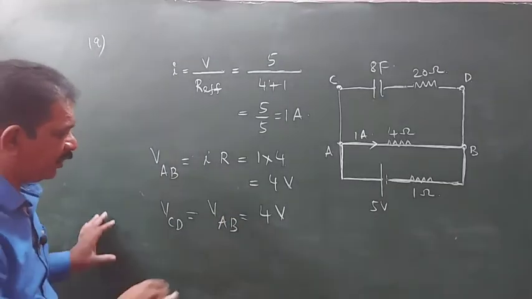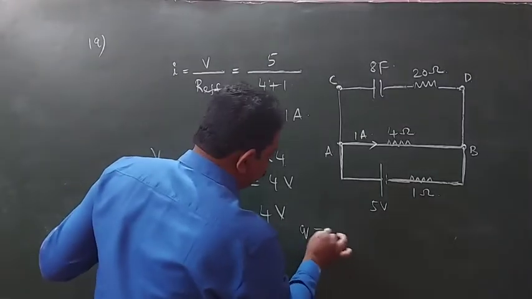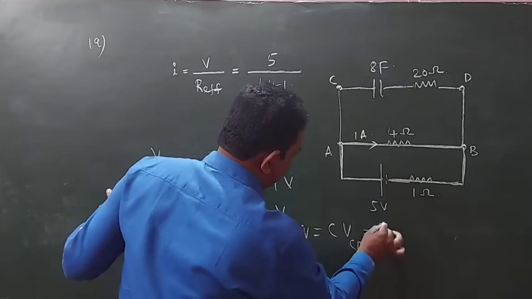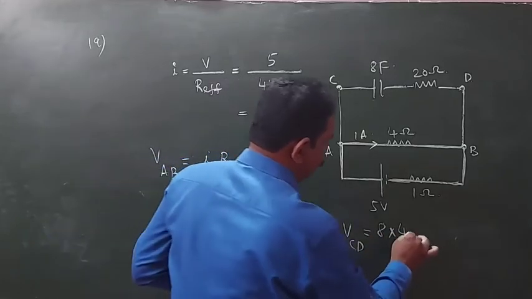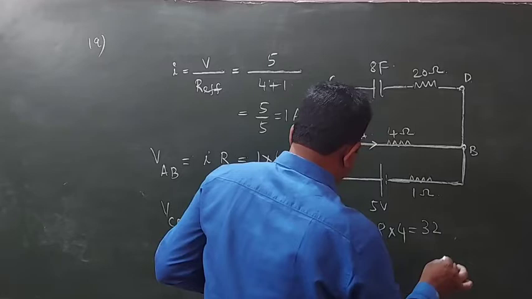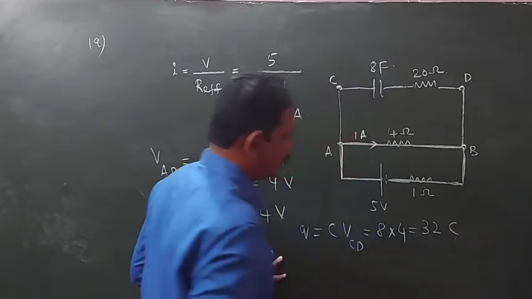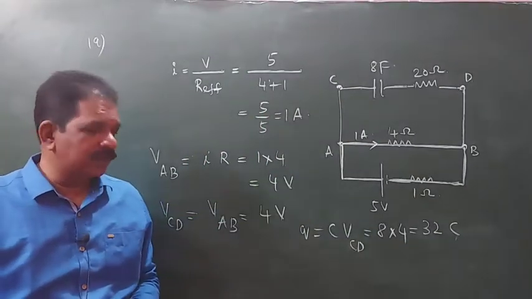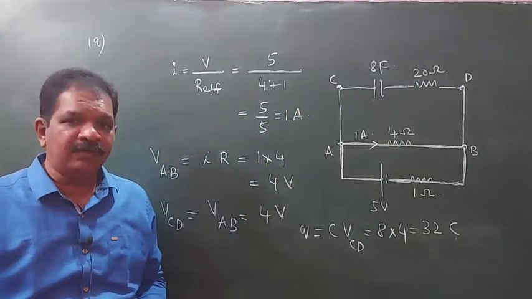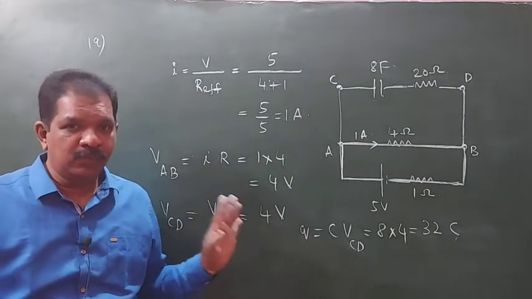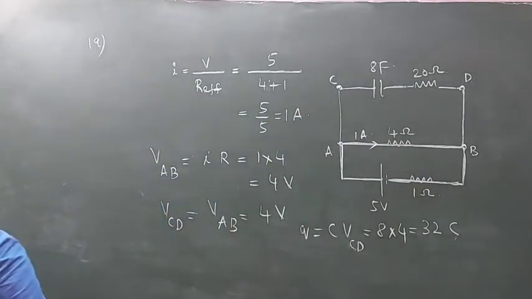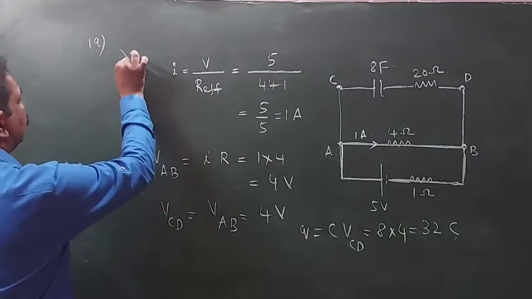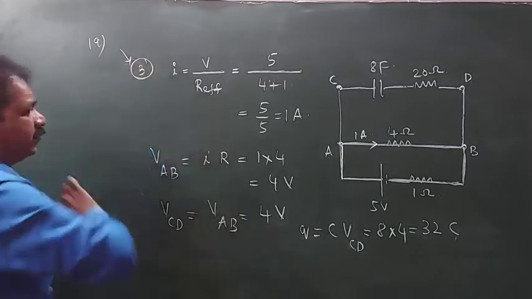Charge will be there. Q is equal to C into VCD, 8 into 4. This value 32 coulombs. Because it is in farad, that will be in coulombs. So charge on that 8 farad will be 32 coulombs. Option for this, question 19, will be the third option.